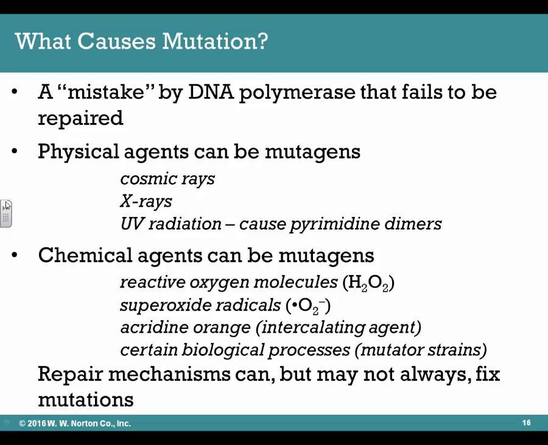All right, so usually when mutations like we just talked about occur, there are proofreading mechanisms that DNA polymerase has to go back and make sure that the base that it inserted in the new growing strand of DNA matches that template strand, that original strand of DNA.